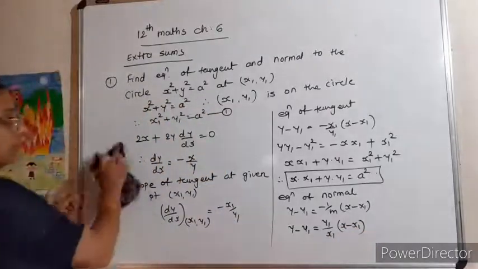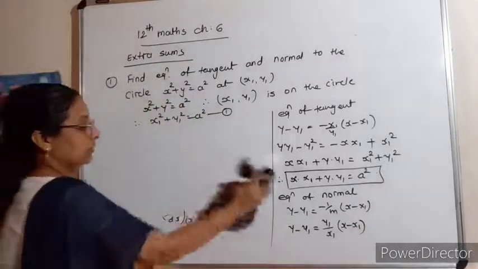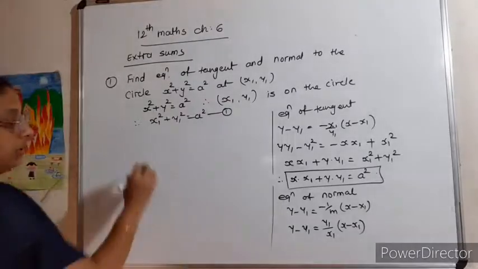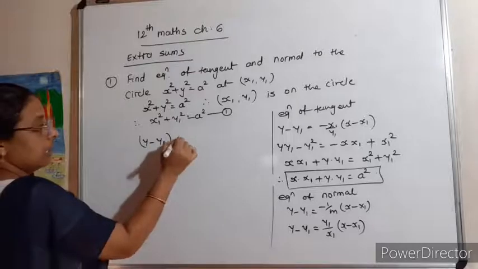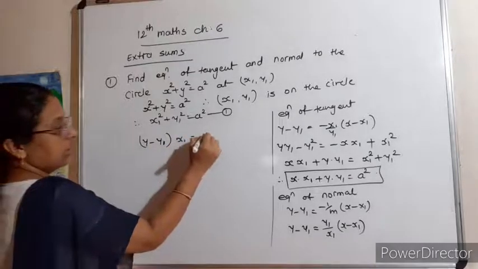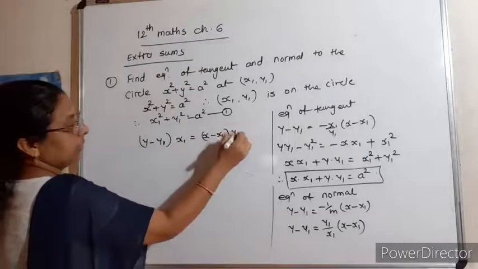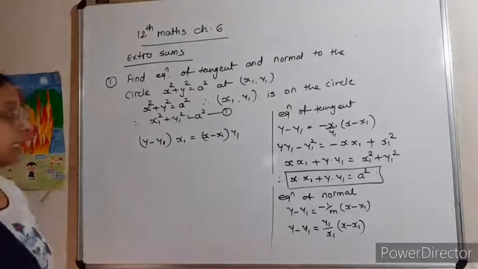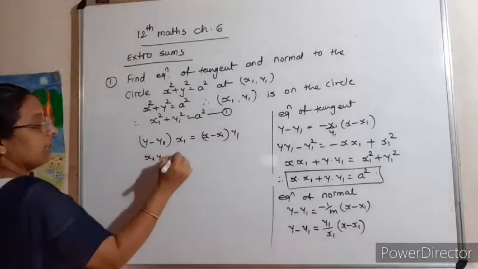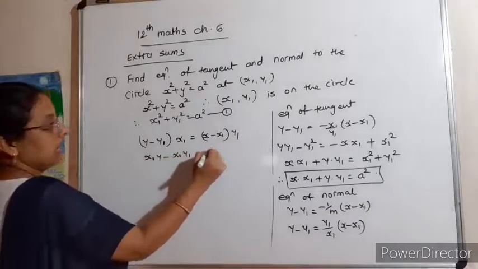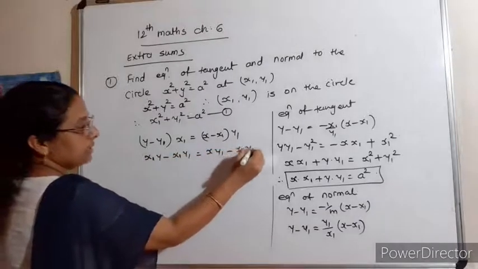So, now, here, we will write y minus y1 into x1, x minus x1 into y1. So, what is the equation here? x1y, x1 y1, xy1, x1 y1.